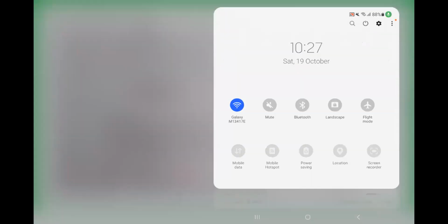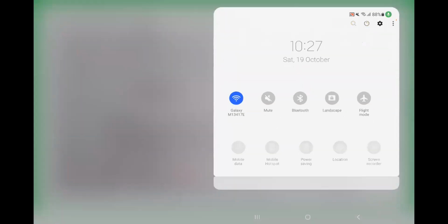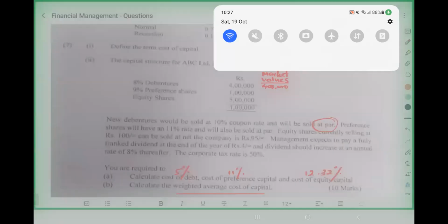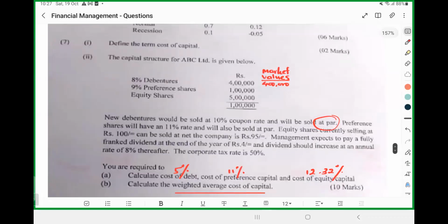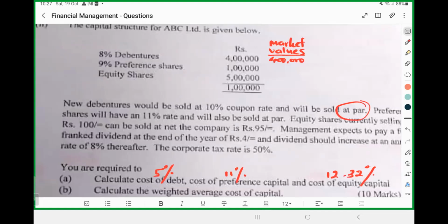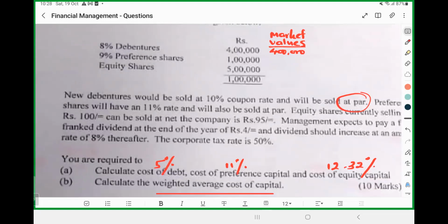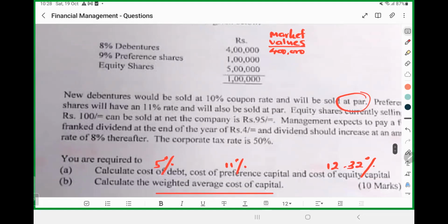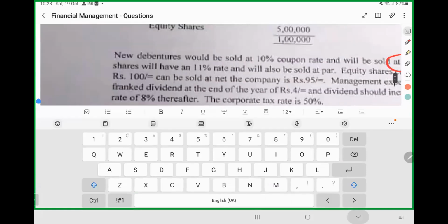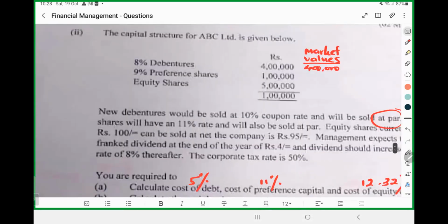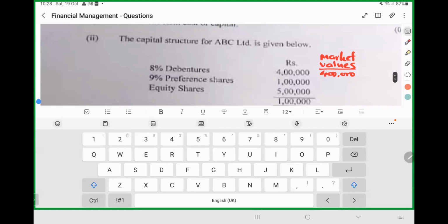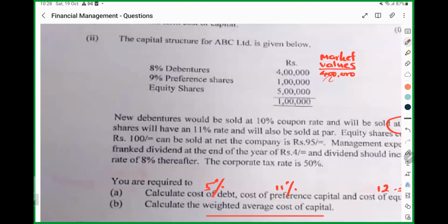Now, for preference shares, we know the current price per share, but we don't know the number of shares to calculate the total market value. Therefore, we'll assume the preference share value of 100,000 is equal to the market value. So market value 100,000.